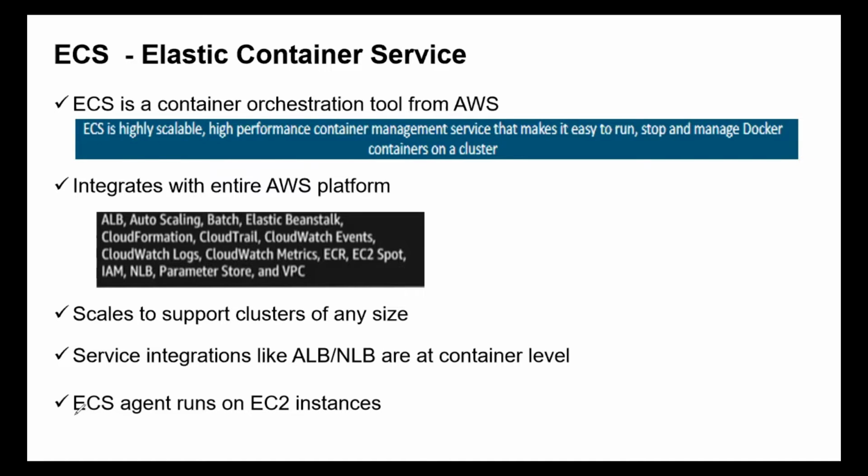The ECS agent will run on EC2 instances and send heartbeat signals to the ECS cluster. Ideally, the ECS cluster will monitor the Docker containers running on the EC2 instances via this ECS agent.